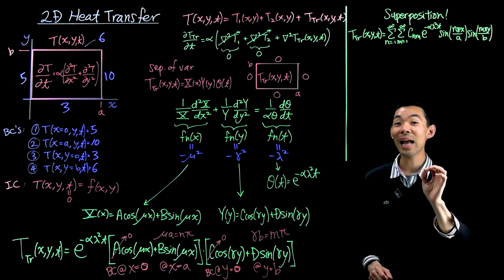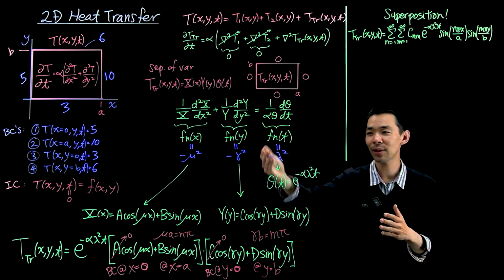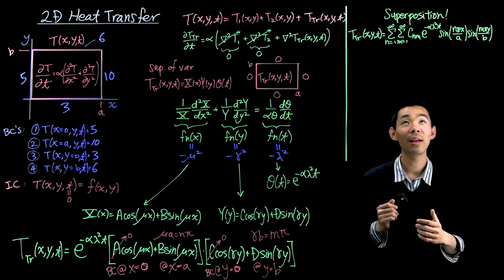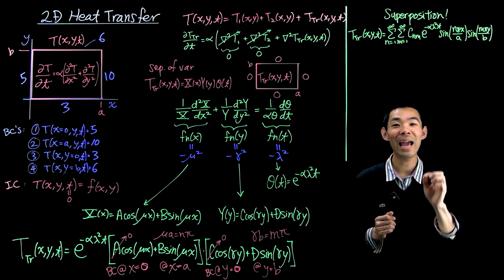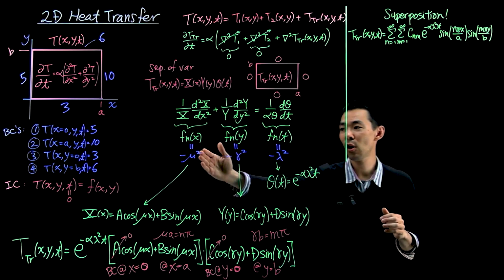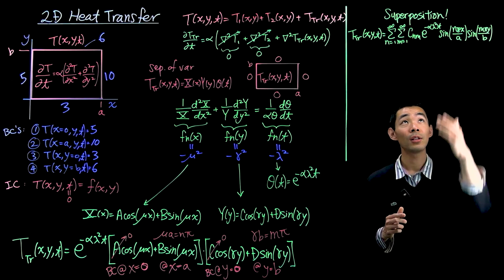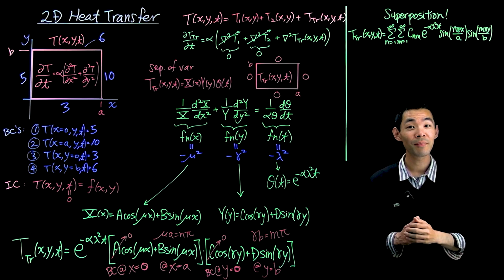Lambda squared is now known. You know that lambda squared is just mu squared plus gamma squared. And therefore, lambda is a function of both n and m, because we know mu and gamma separately as a function of n and m. So we now know what gamma, mu, lambda all are.